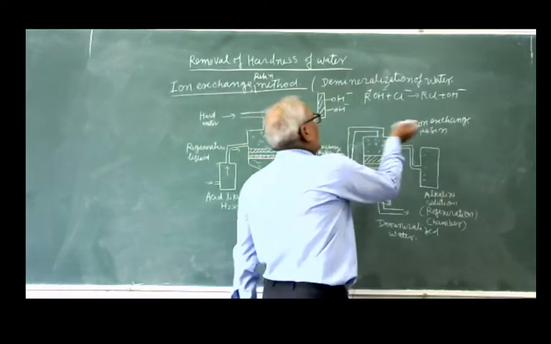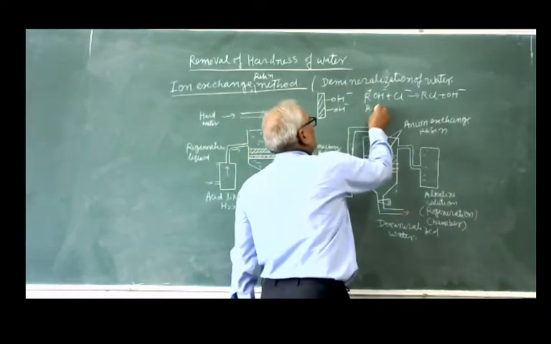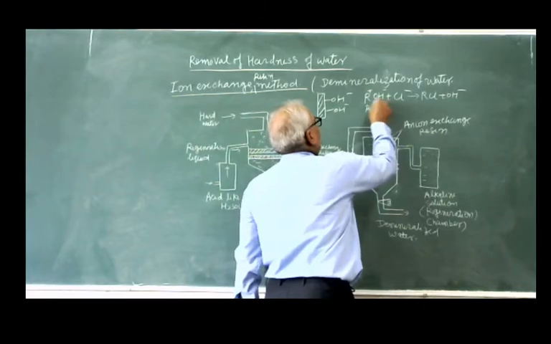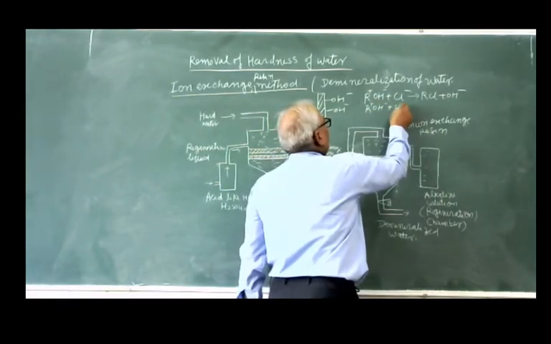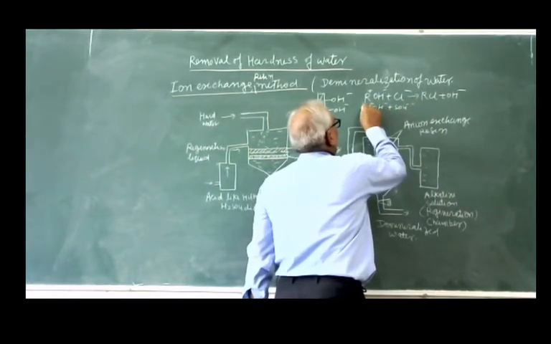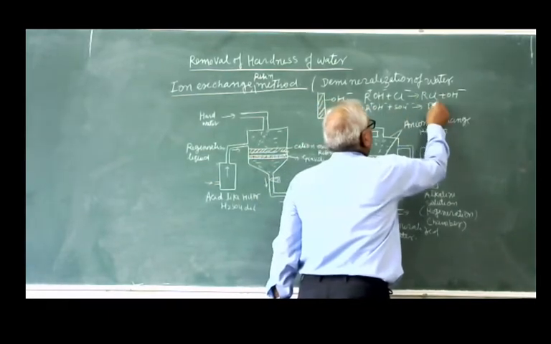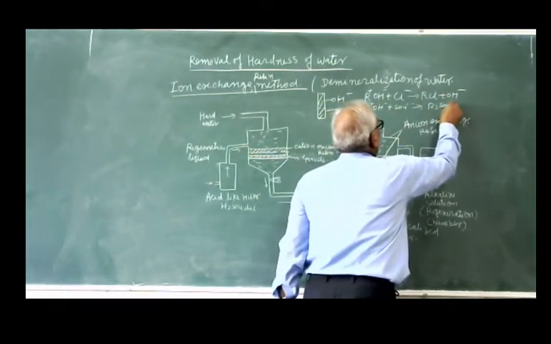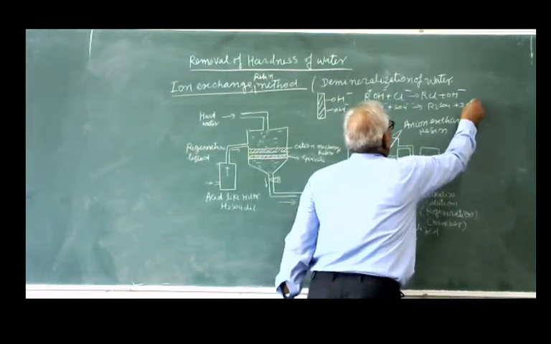In this way, again you can say ROH plus your sulfate ion. So you take it like this, you will get R2SO4 plus 2OH minus.